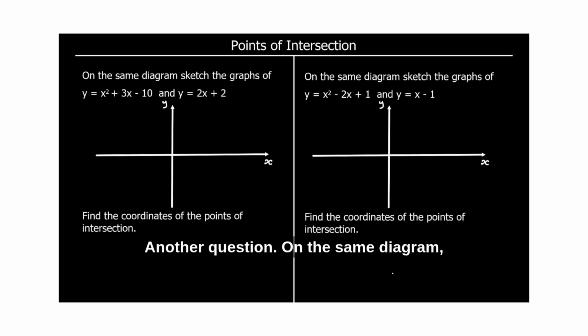Another question, on the same diagram, sketch the graphs of y equals x squared plus 3x minus 10, so a quadratic, and y equals 2x plus 2, a linear, straight line graph. So it crosses y when x is 0, so that'd be at negative 10 for the quadratic.